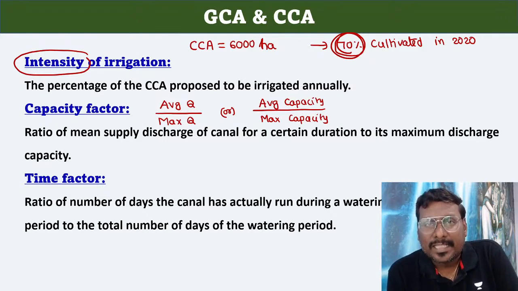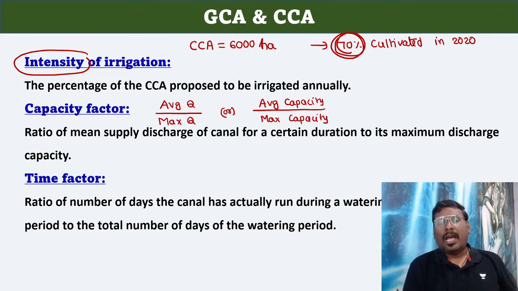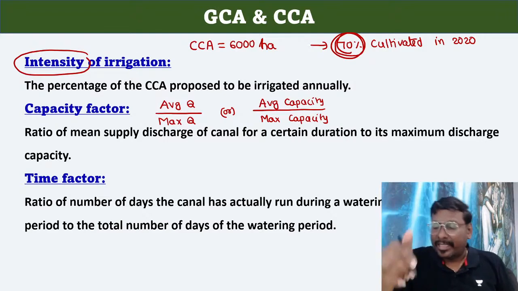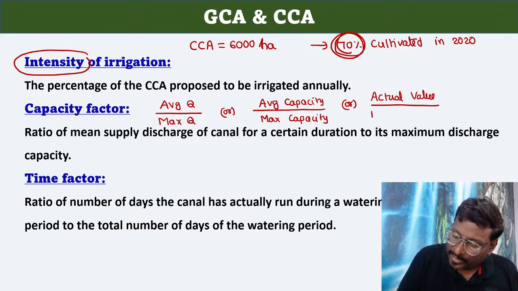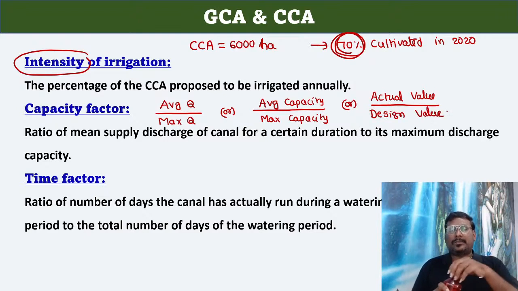It is always designed for the maximum; practically occurring is less than that. So, simple: actual value upon design value is the capacity factor.